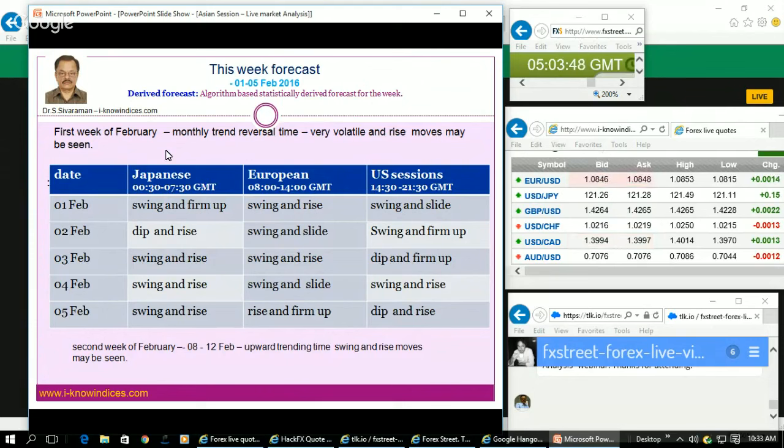Actually, during the first and the last week, they make volatile moves and big moves in order to handle the derivative market, the options and the futures, and also the forward cover, etc. When they make such extreme moves, the players are in a position to earn very big money out of those markets because they are all leveraged trades. Once the traders take positions by paying a small premium, and when the market goes against them, the premium is lost, and they may also have to pay further money in the case of futures.